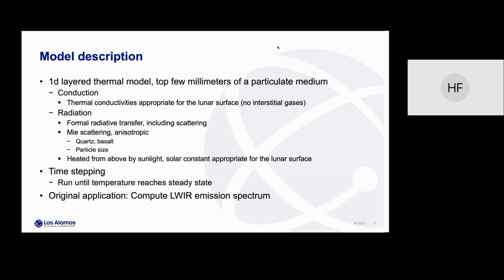We did this for two different materials, the mineral quartz and the rock basalt. We varied the particle size, and the samples were heated from above by sunlight using a solar constant appropriate for the lunar surface. It is a time-stepping model, which means we let it run until the temperature reaches steady state. The original application was, after it reaches steady state, to compute the thermal infrared emission spectrum, so I'll show those results as well. Next slide.